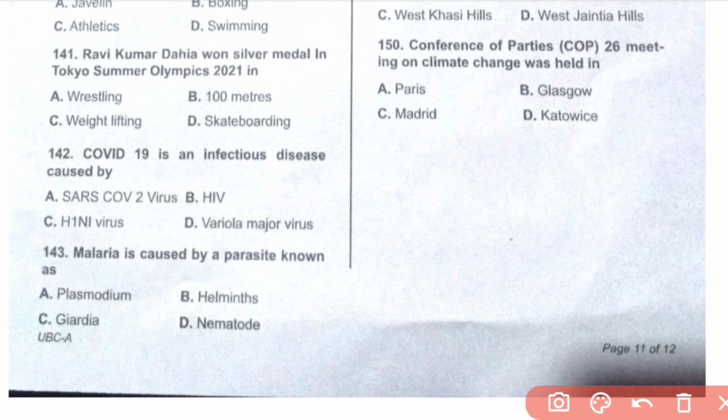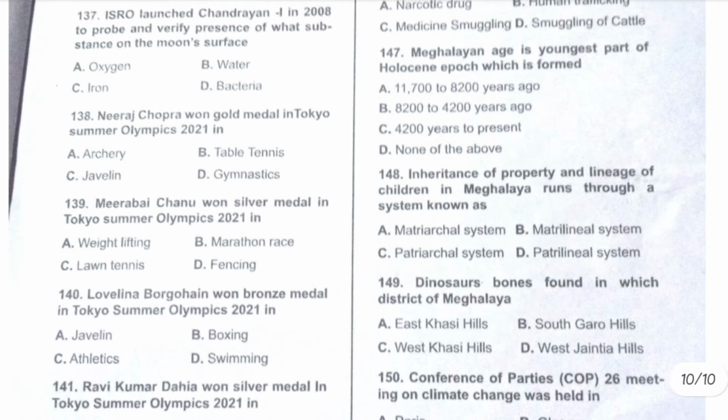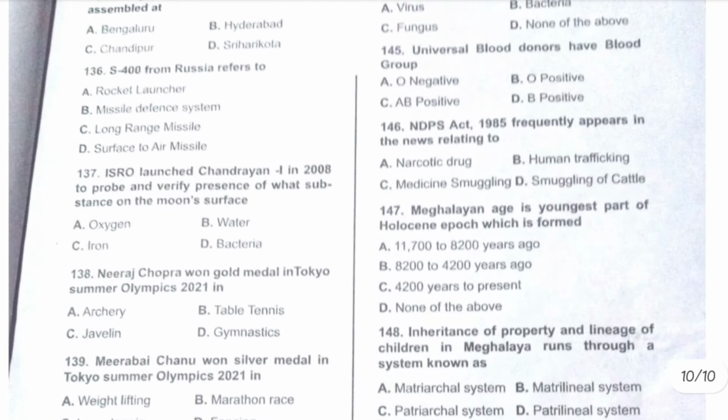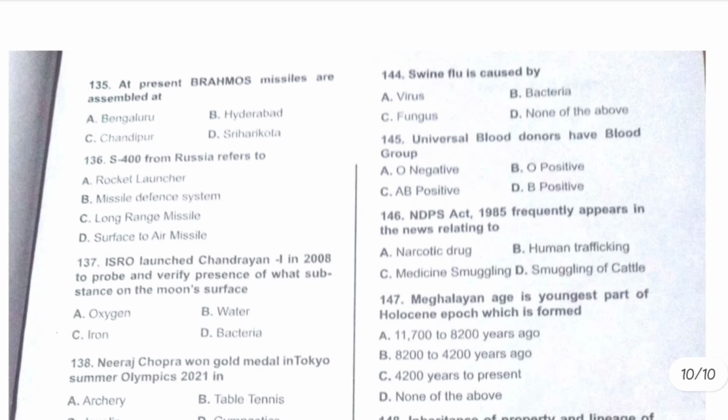142. COVID-19 is an infectious disease caused by the SARS-CoV-2 virus. Malaria is caused by a parasite known as Plasmodium. Then 44, swine flu is caused by a virus.